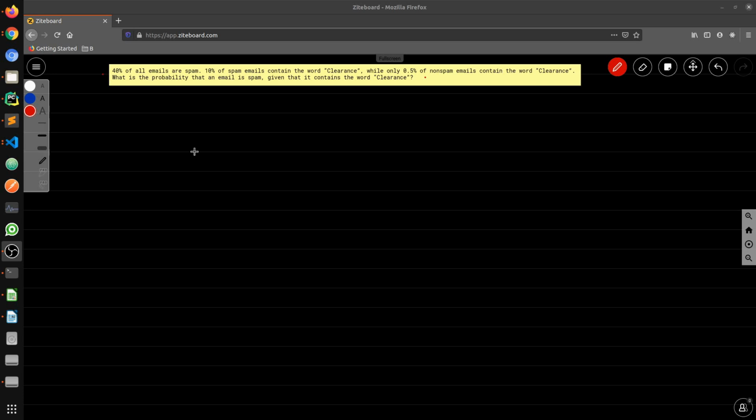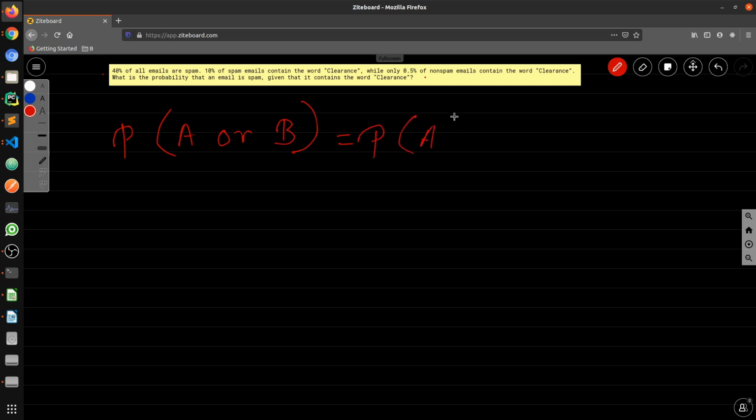The rule says when two events A and B are mutually exclusive, the probability that A or B will occur is the sum of the probability of each event. So P(A or B) equals P(A) plus P(B). This is the case of mutually exclusive events.